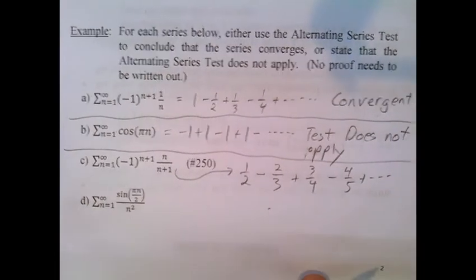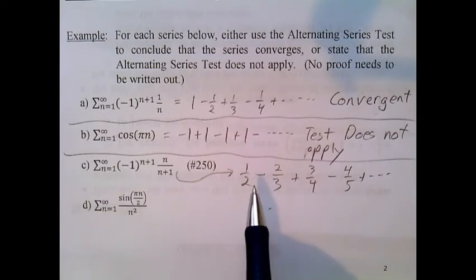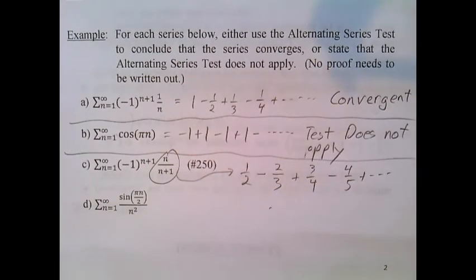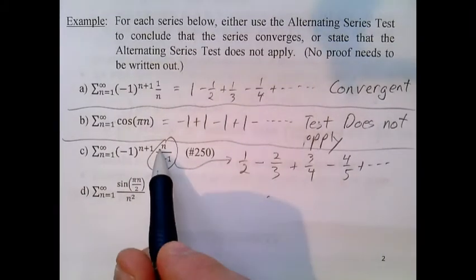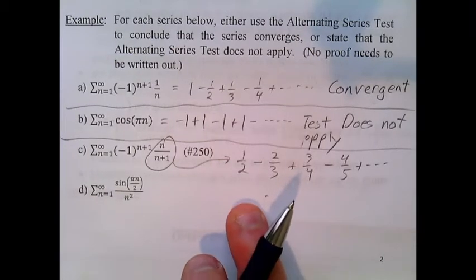So it is an alternating series, but you know what? The terms are not decreasing in absolute value. So the alternating series test does not apply. They're not going to 0 either. If I focus in on just the n over n plus 1, we know that as n goes to infinity, something like that would go to 1 over 1. The terms are going to 1. So neither of the additional conditions is met.